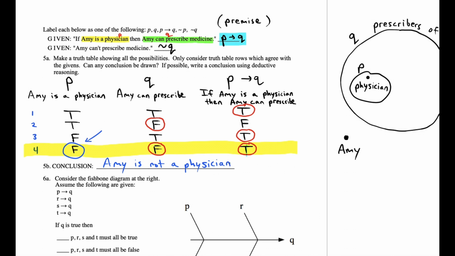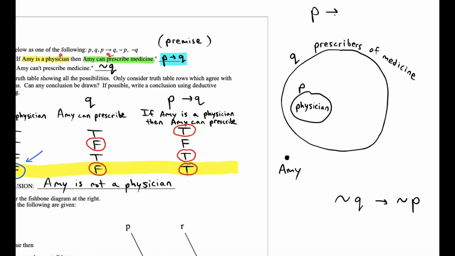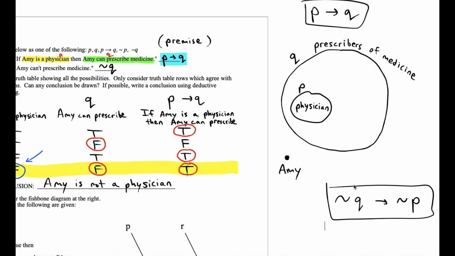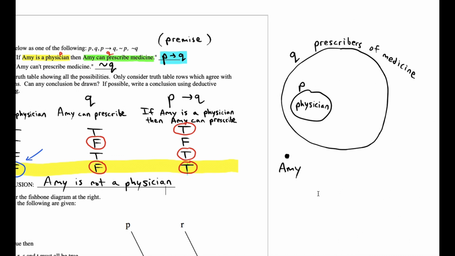We can see it in the Venn diagram as well, because she's outside the Q bubble, so she cannot possibly be in the P bubble. Her not being able to prescribe medicine leads to her not being a physician. We looked at that in the past, so this and this are supposed to be logically equivalent. Anyway, let's look at this one.